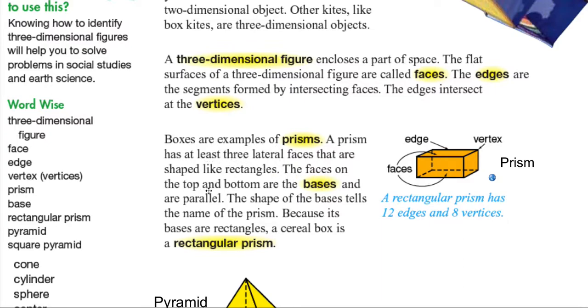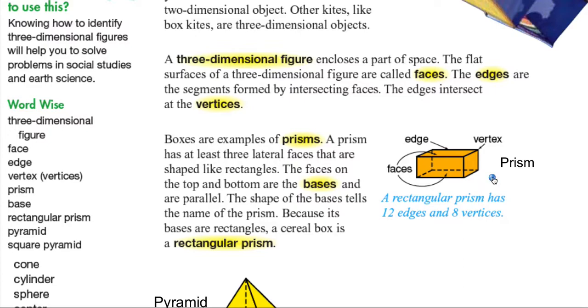The faces on the top and the bottom are called the bases of the prism and are parallel to each other. So these two faces are parallel to each other. The shape of the base tells the name of the prism. Because the bases are rectangles, a cereal box is a good example of a rectangular prism. So a rectangular prism has 12 edges and 8 vertices.